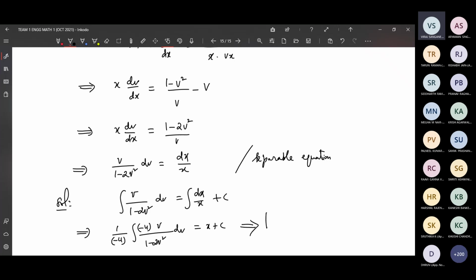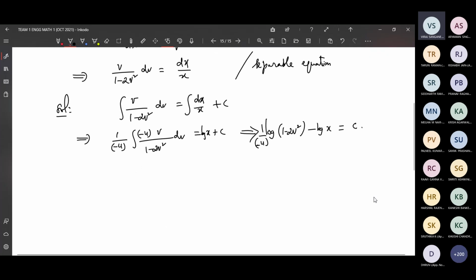This implies 1 upon minus 4 into log of 1 minus 2v square. Oh, this is also log x, right? Plus log x, that means minus log x, right? Equal to c.